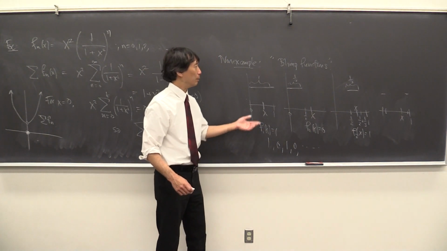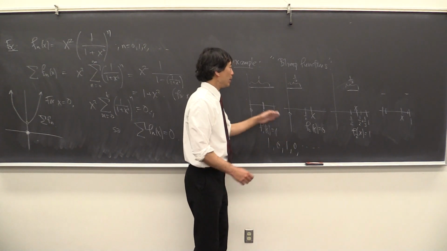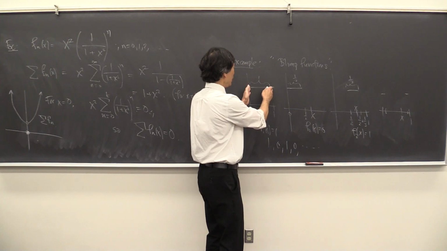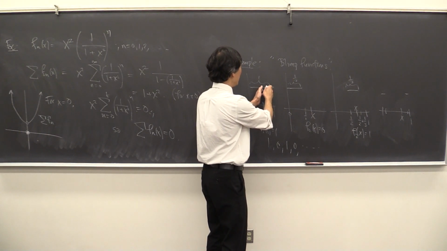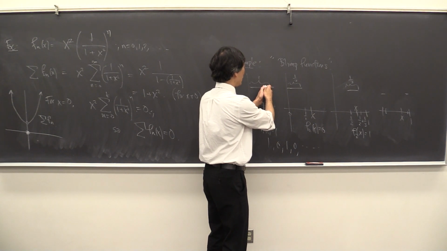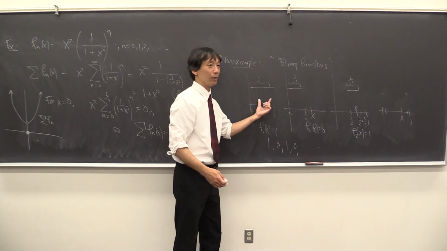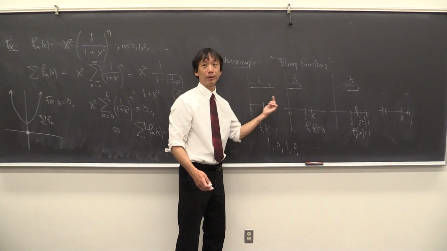Because of that, this sequence doesn't converge. If the blimps shrank really quickly, then it would converge to 0, basically. You could make it so that every point eventually just gets zeros forever.